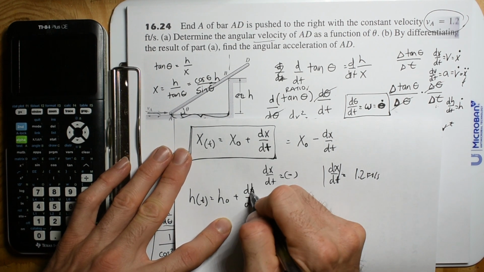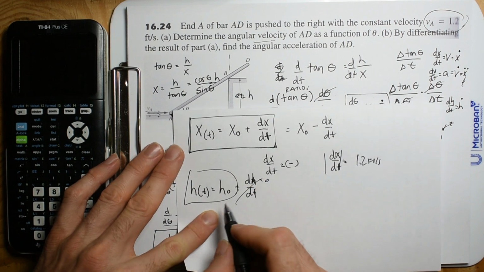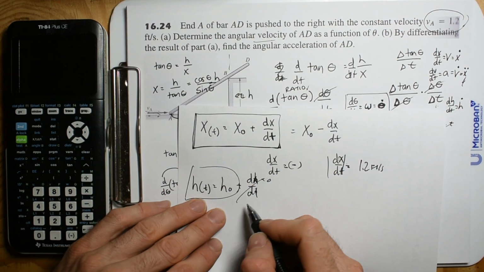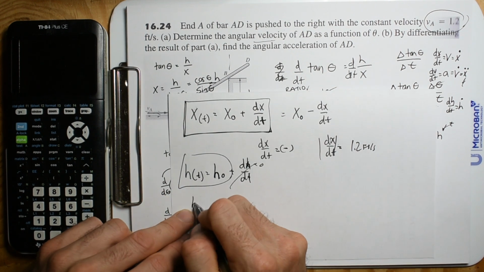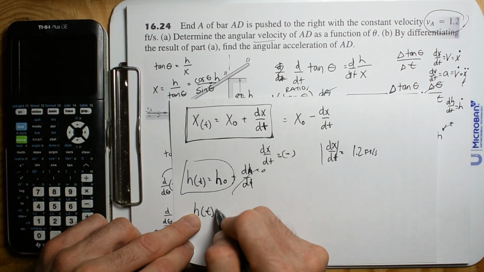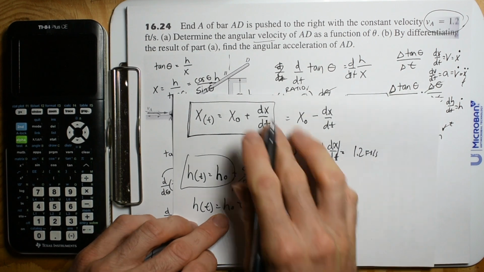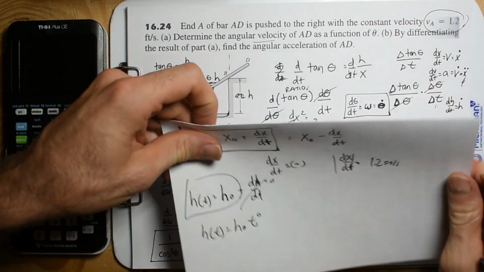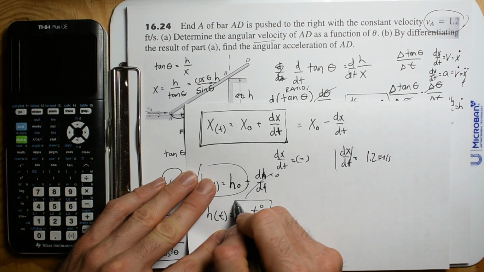But we know that's just 0, and h doesn't change. So h as a function of t is just h naught. Sweet. And you could say h as a function of t is h naught times t to the 0. But yeah, you can do that.